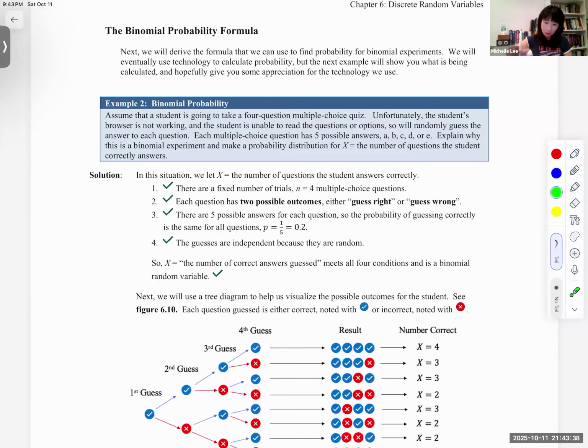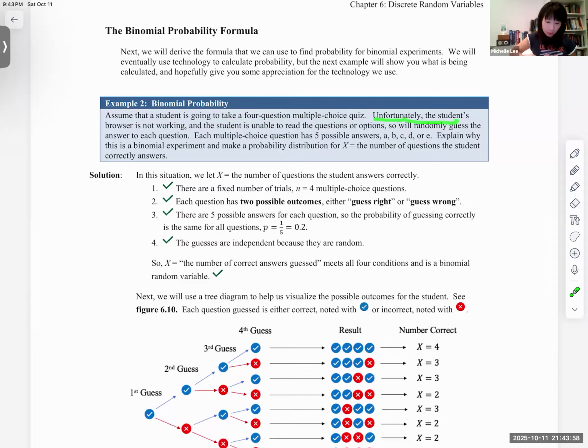All right, so let's take a look at binomial probability. This statement, I think we did that before, right? So assume that a student is going to take a 4-question multiple choice quiz.